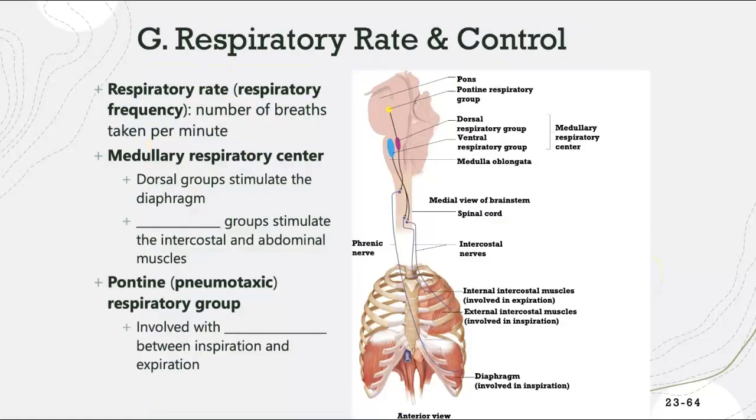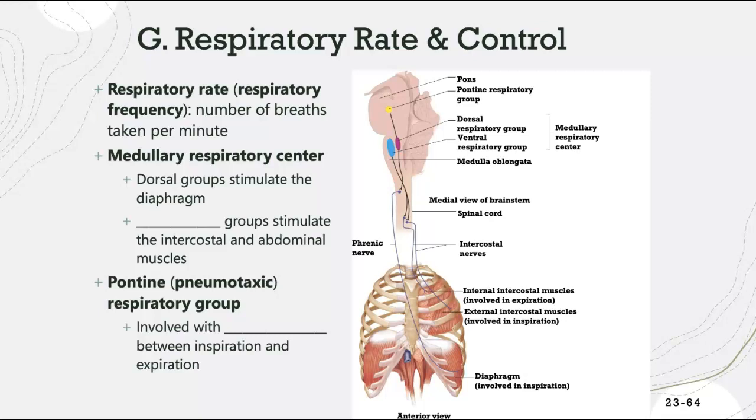Next, let's discuss our respiratory rate and control. When we say respiratory rate or respiratory frequency, we're talking about how many breaths the individual is taking per minute. Now, normally this should be between 12 and 18 breaths per minute in an adult. And in order to control this, we use our medullary respiratory center.